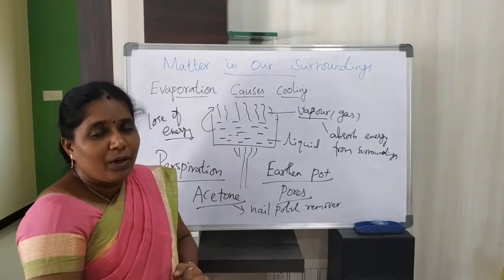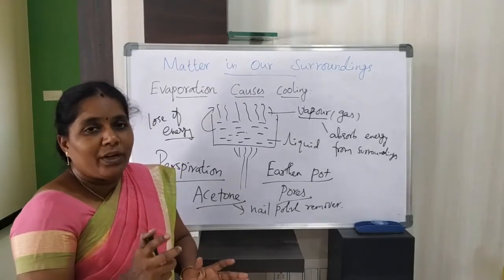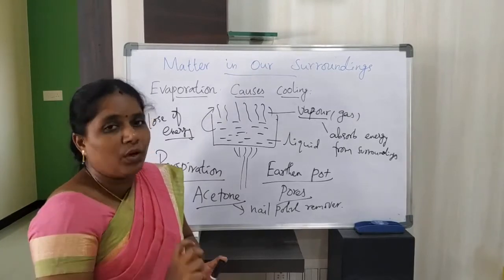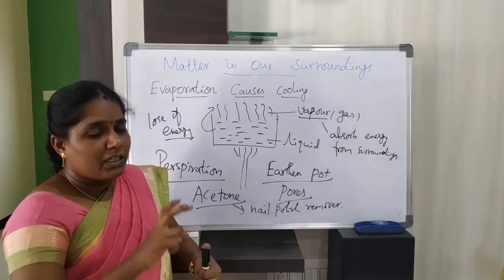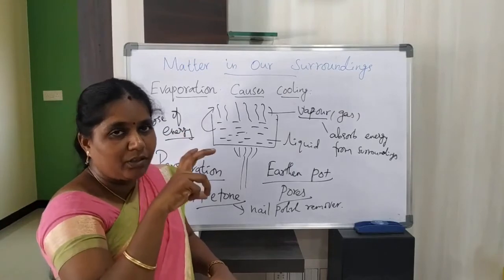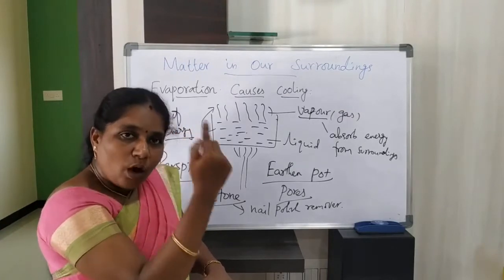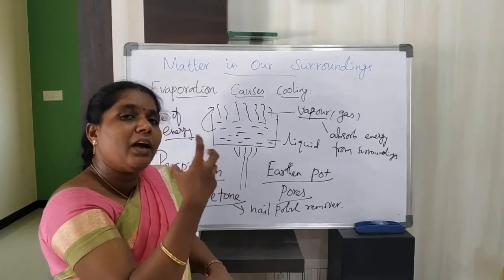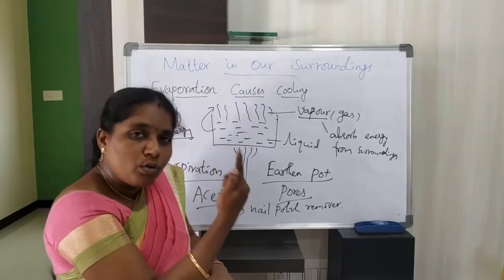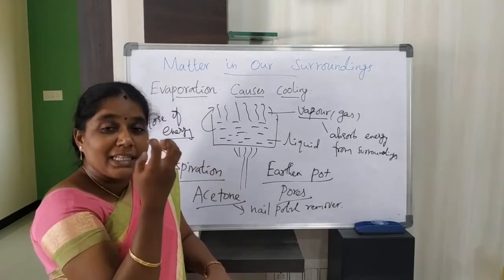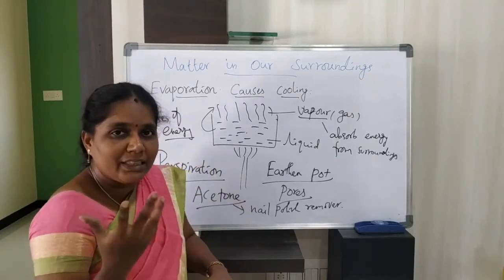You know very well, if we take a glass tumbler of ice water, what happens generally? Outside the tumbler, after some time, it is surrounded by water droplets. Did you see that?